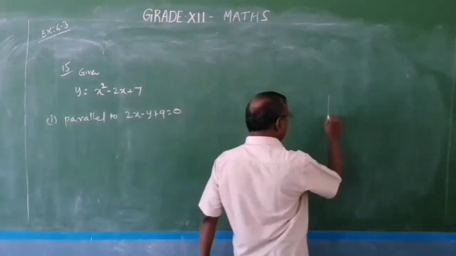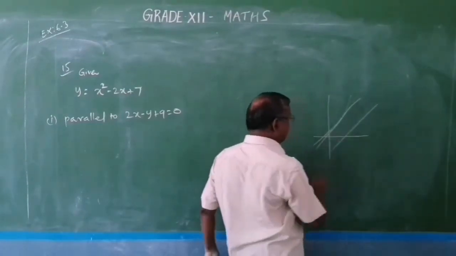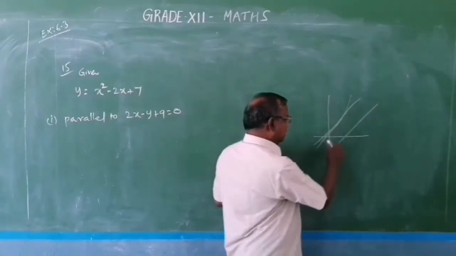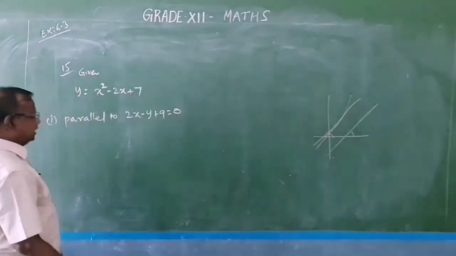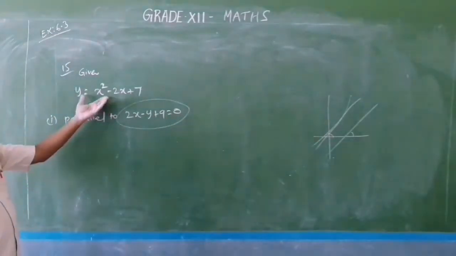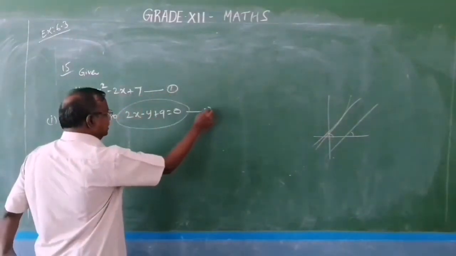Consider a curve whose tangent is parallel to another given line. If the two lines are parallel, their corresponding angles are equal and slopes are equal. So we can take slope from this equation of line and differentiate this first equation. So consider this as first equation, this is second equation.